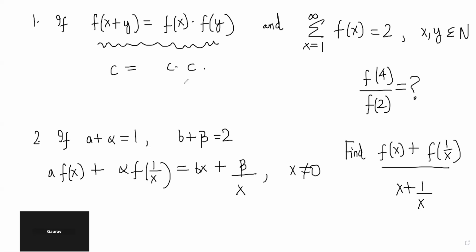The only constant function where it will work is 1 or 0. Does it work for any constant function? No. If it's a constant function 0 or 1, do you think its values will add up to 2? No.